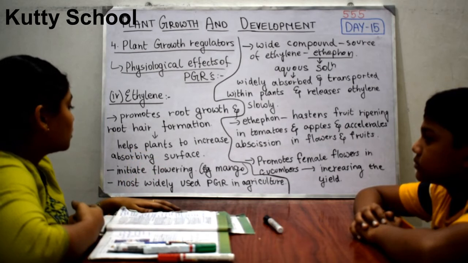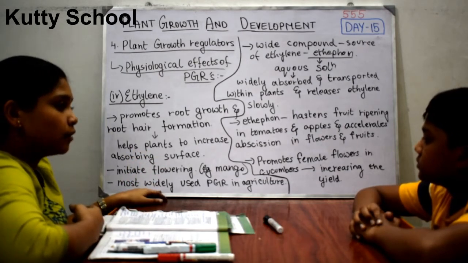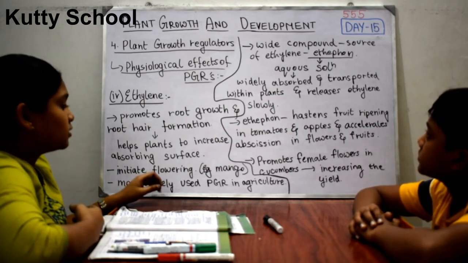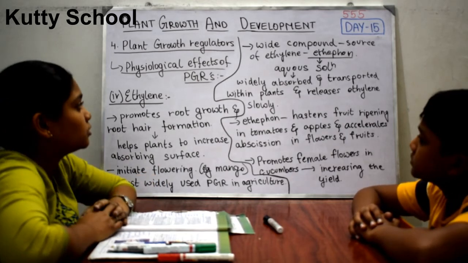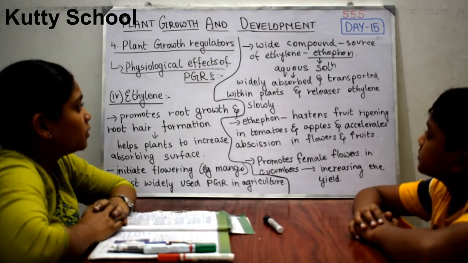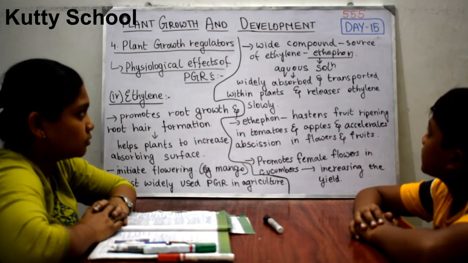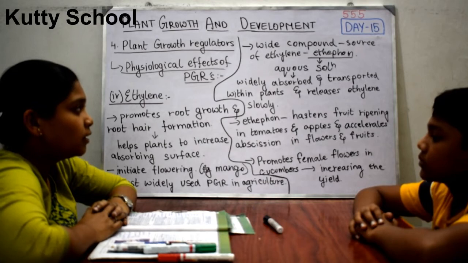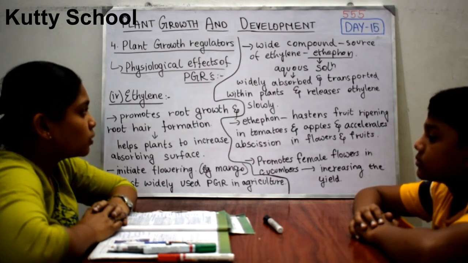So this ethylene is the most widely used plant growth regulator in agriculture because it has so many functions. The compound which is the source of ethylene is ethephon. This is an aqueous solution.